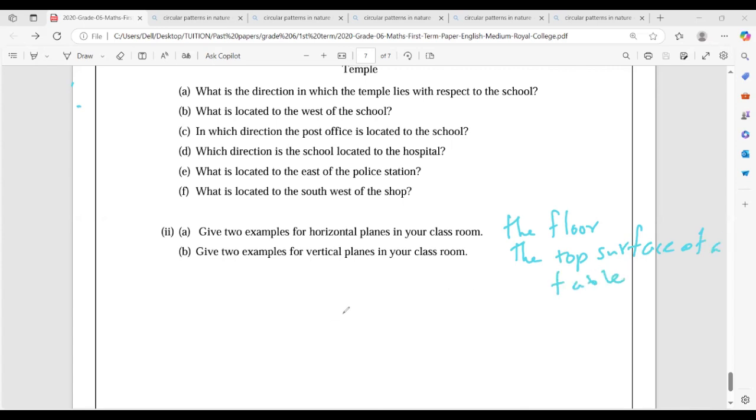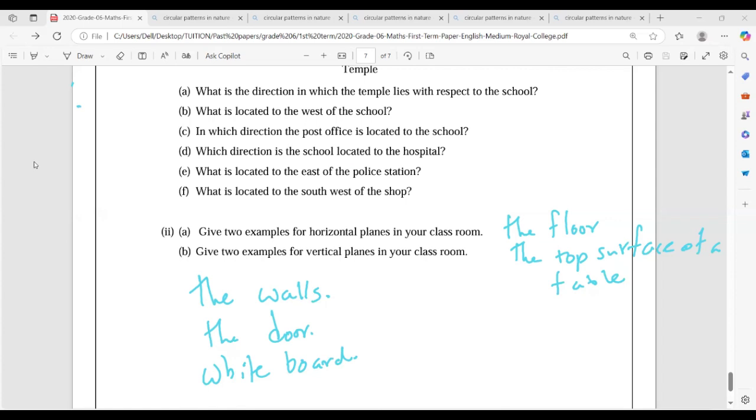Give two examples of vertical planes in your classroom. The walls and the door or the whiteboard or blackboard will also be an example for a vertical plane, right? And also I will add one part.